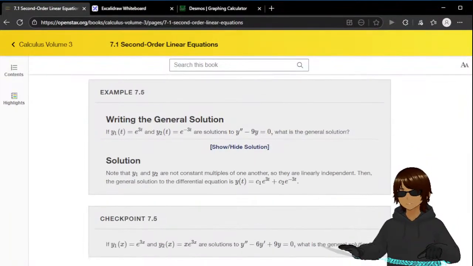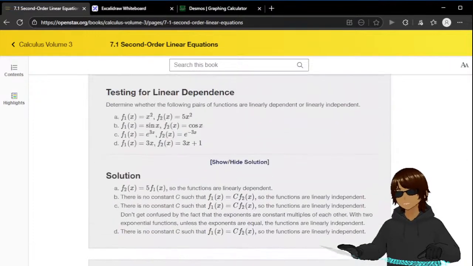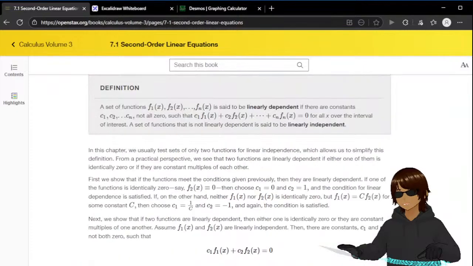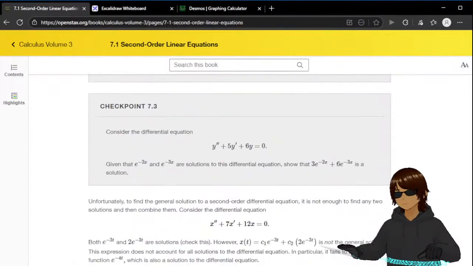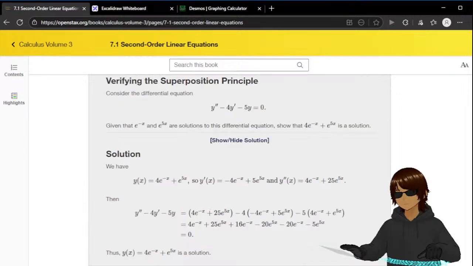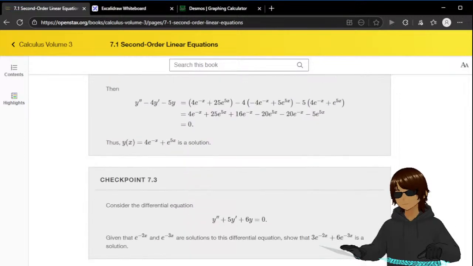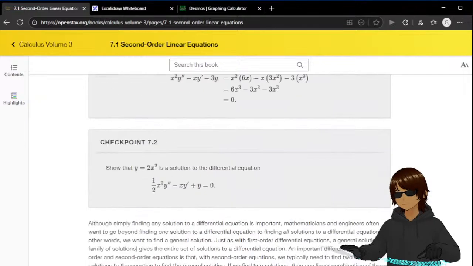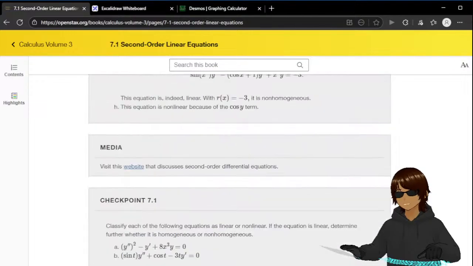Oh, wait, do the coefficients have to be a particular number or can they just be anything? Where is the theorem for this?